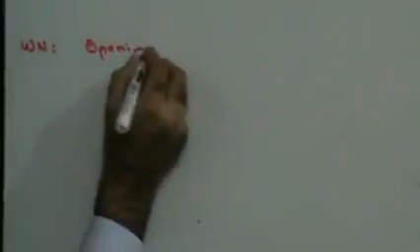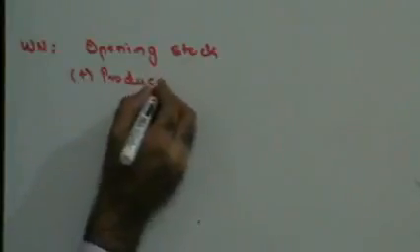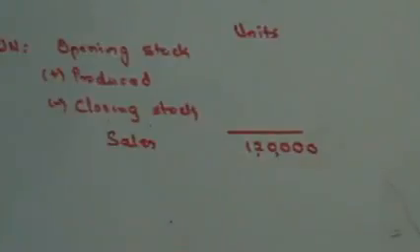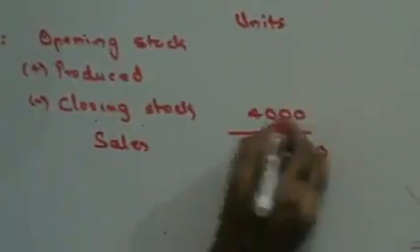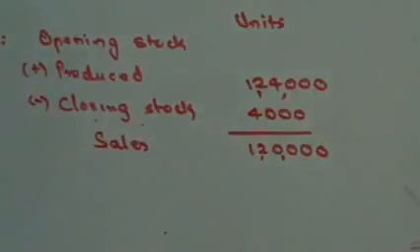Opening stock plus produced minus closing stock will give you sales. In terms of units, they are saying that 1,20,000 units have been sold, and closing stock of finished goods is 4,000 units. That means 1,24,000 units must have been produced. Do we get this clear? Now once we know the units, we can start with the sum.